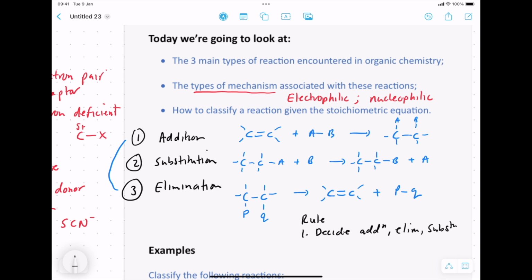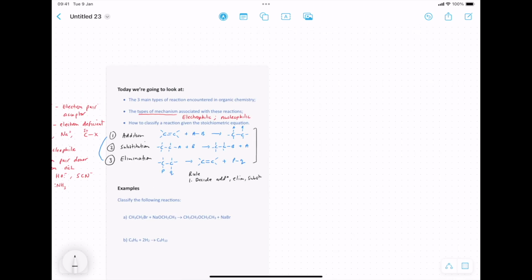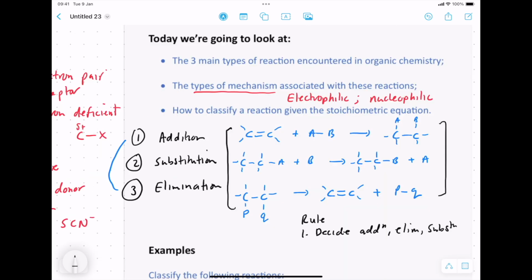That should be fairly obvious from looking at these templates and seeing what is going on in the reactions. Is it two things becoming one? Is it two things turning into two new things? And then you can decide, is it addition, elimination, substitution? Once you've determined that, the next thing to do, number two, is you need to look at the species. Species is just a general word we use in chemistry to describe something reacting.